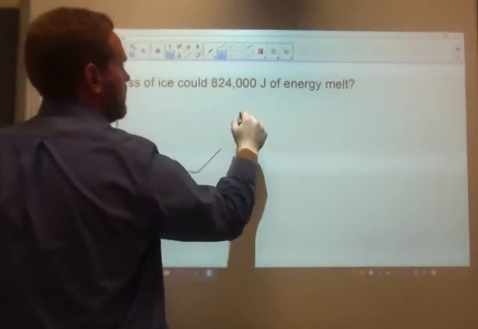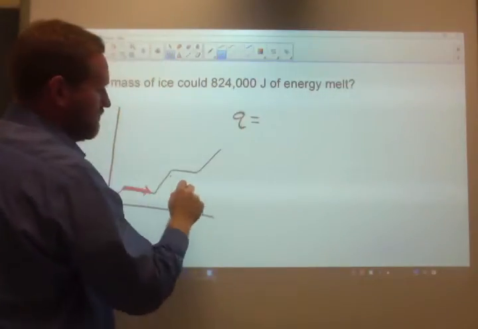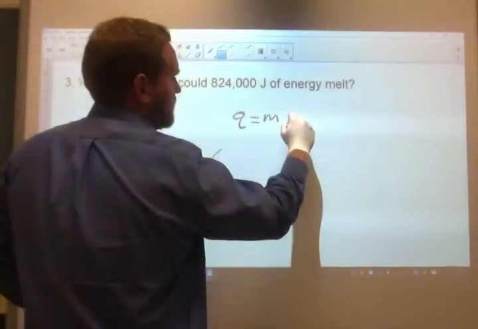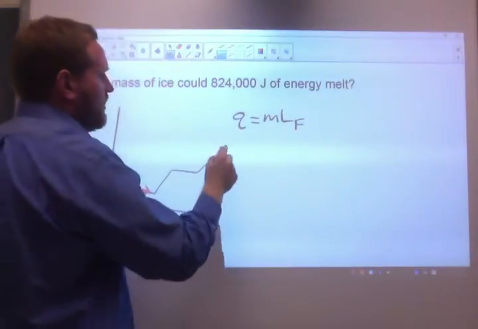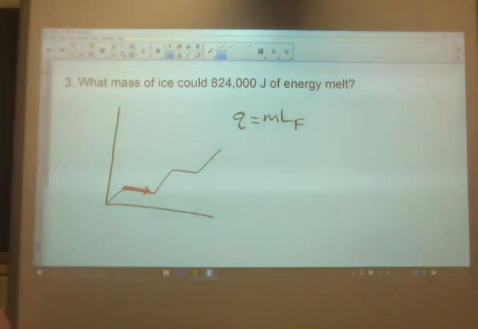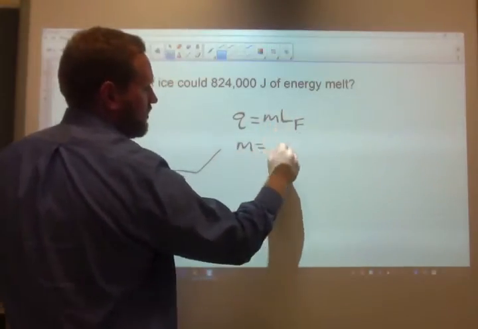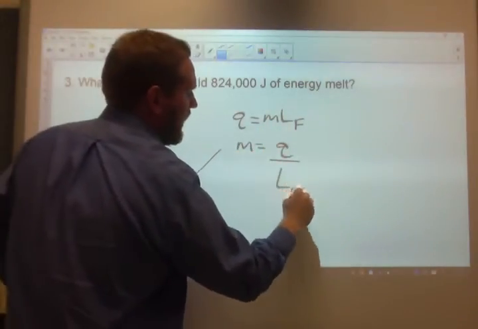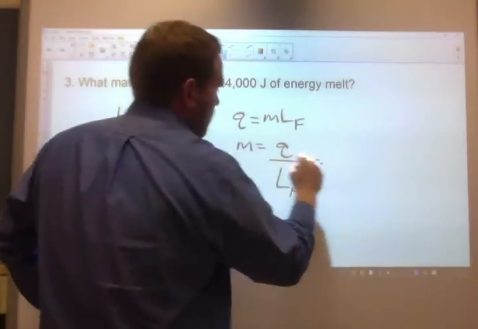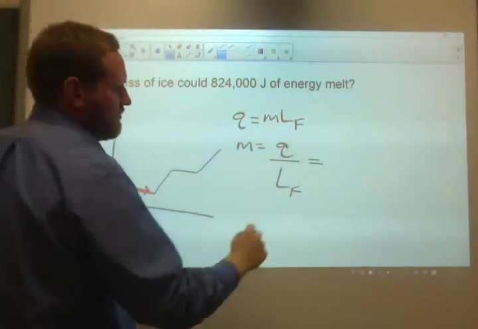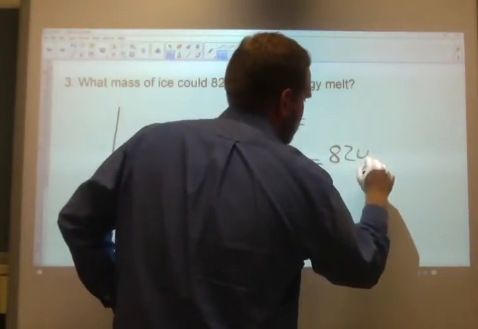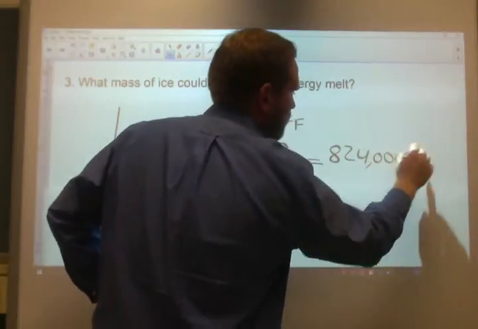So the formula for segment B is Q equals mass times the latent heat of fusion. And what am I solving for here? What mass of ice? So let's rearrange this for M. M is going to equal Q divided by LF. Plug in 824,000 for Q, and I'm going to put my joules here.